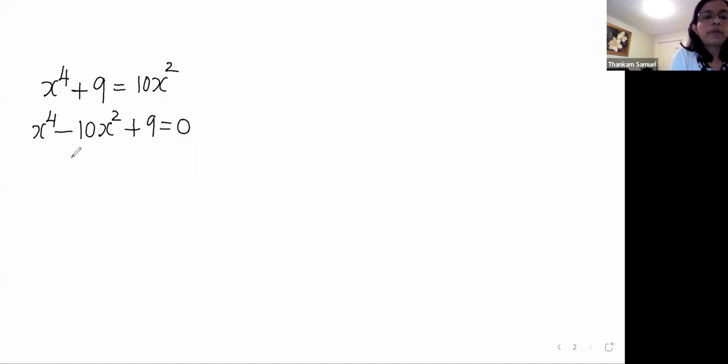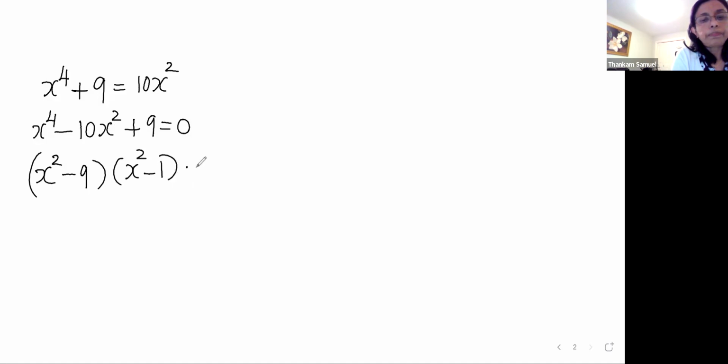So to factor this equation, we need to find two numbers whose product is 9 and sum is negative 10. So the numbers are negative 1 and negative 9. So we can factor this equation as x squared minus 9 times x squared minus 1.